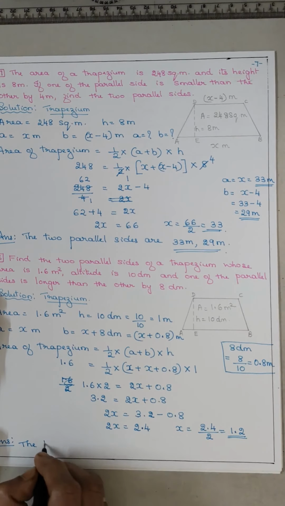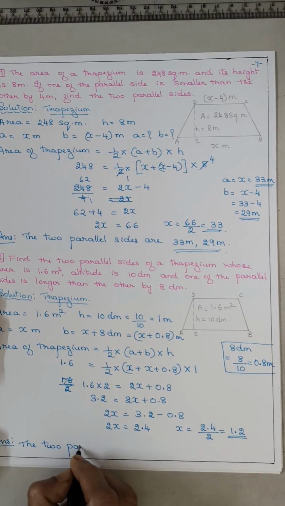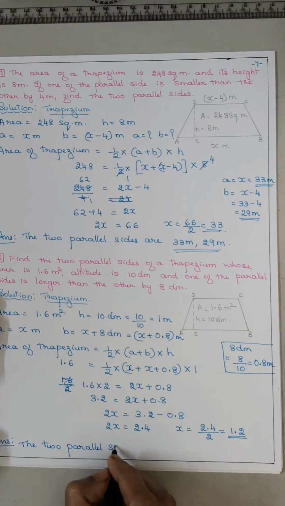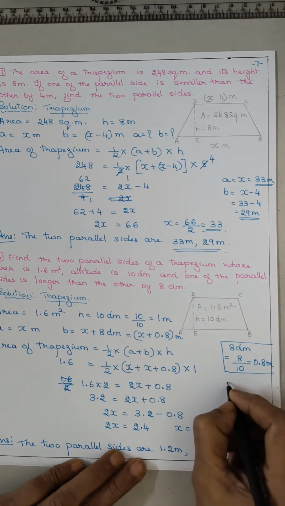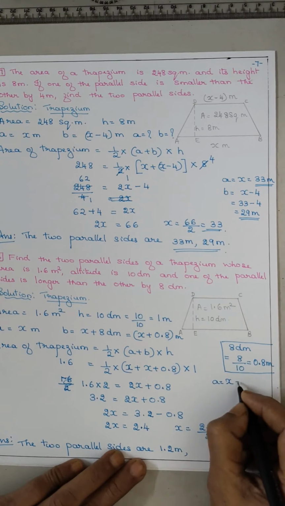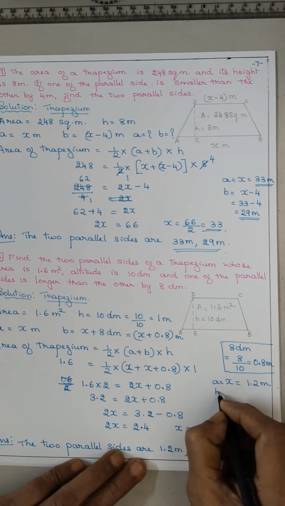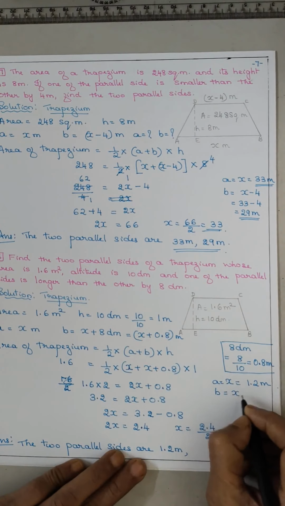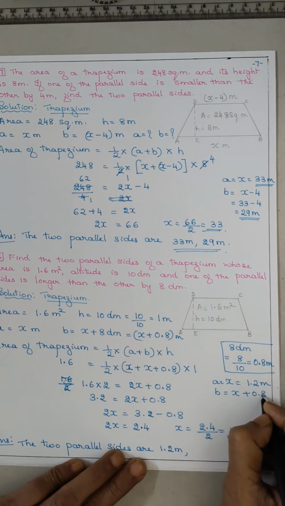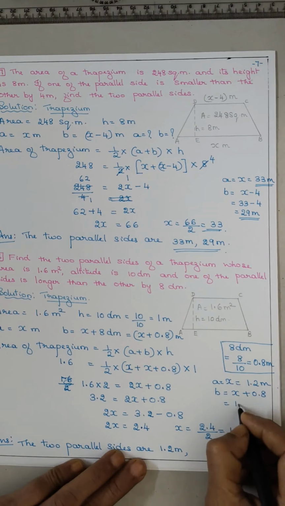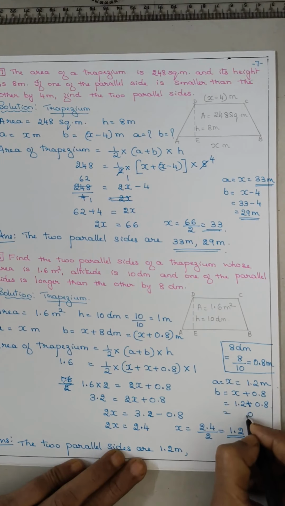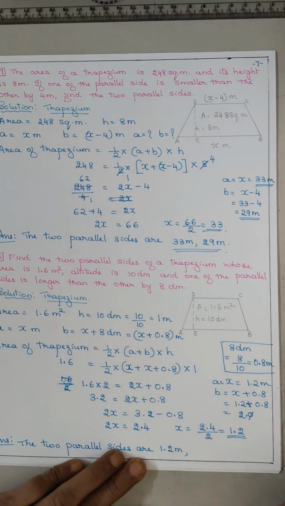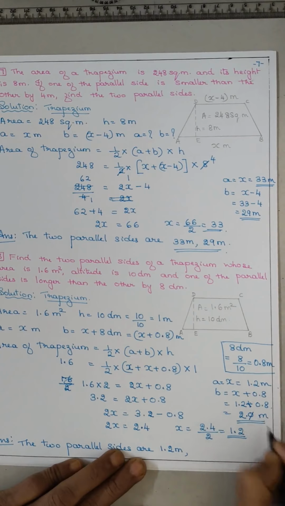The two parallel sides are 1.2 meter. First one, A is equal to x is equal to 1.2 meter. B is equal to x plus 0.8, that is 1.2 plus 0.8, 2 plus 8 is 10, 1 plus 1 is 2, that is 2 meter.